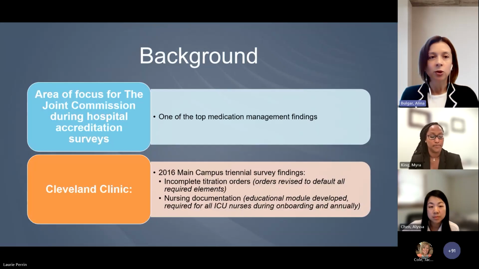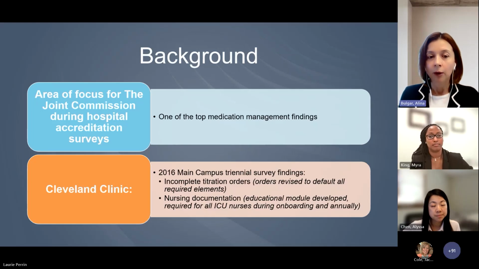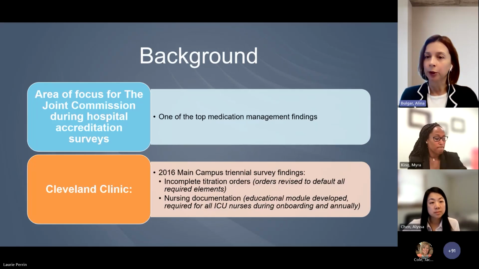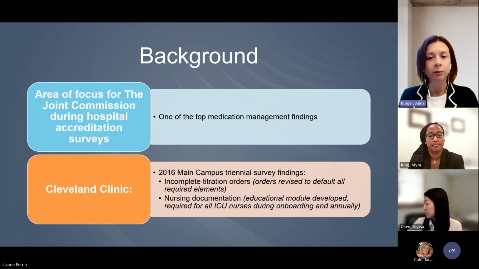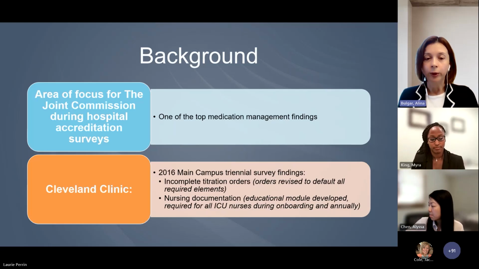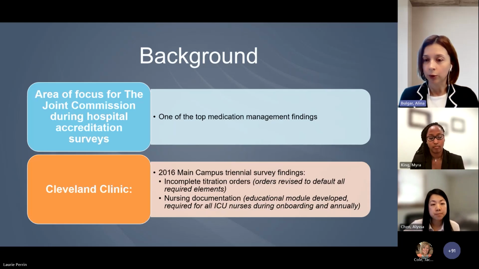So wanted to give you a little bit of background on our journey around titration orders. Our journey started a few years ago, 2016, during one of our main campus triennial Joint Commission surveys. During that survey, we were cited for our titration orders. At that time, we were found out of compliance when it comes to the actual orders. They were considered to be incomplete. And then we were also found out of compliance for nursing documentation.